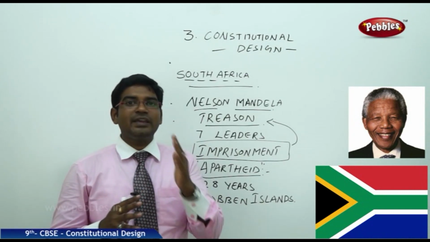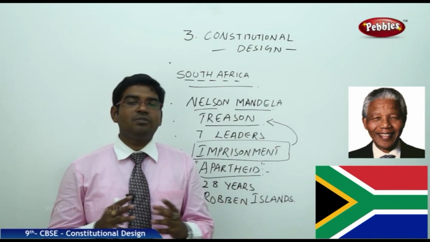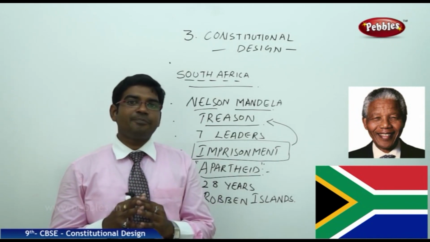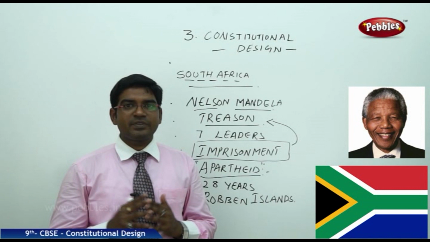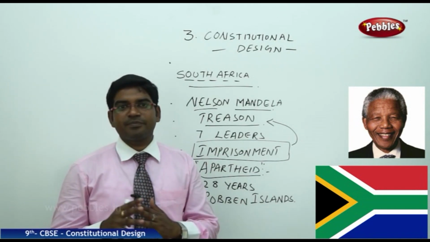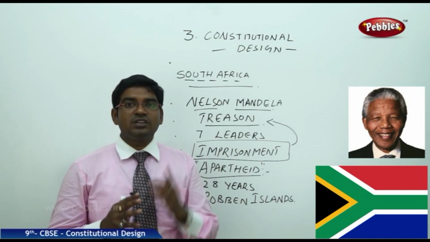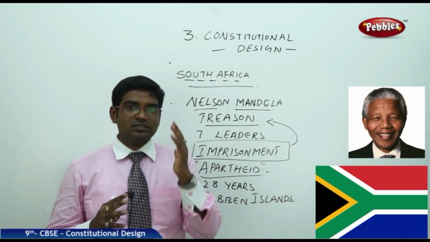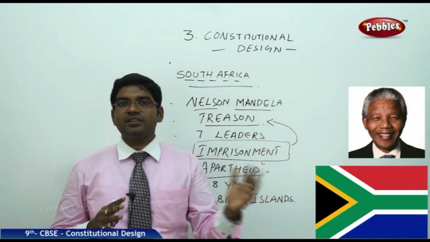So the ruling government, the white minority government which is ruling Africa, got very angry and imprisoned him and his followers for life, on the charges of treason, betrayal against the government.